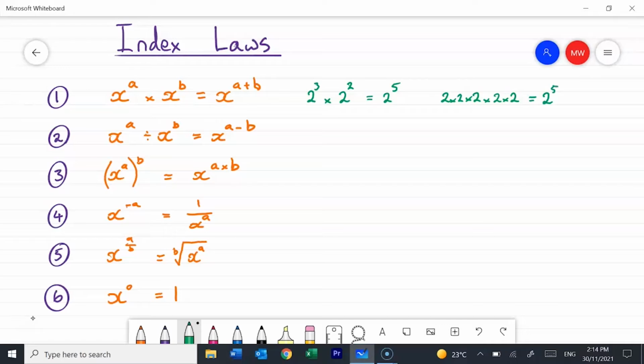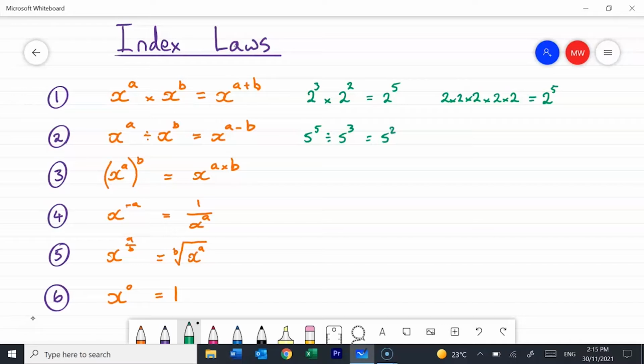In the second law, is when we're dividing. Now it's important again that the base numbers are the same, but if they are, we can just subtract the indices. So if we took 5 to the 5 divided by 5 to the power of 3, we would end up with 5 to the power of 2.